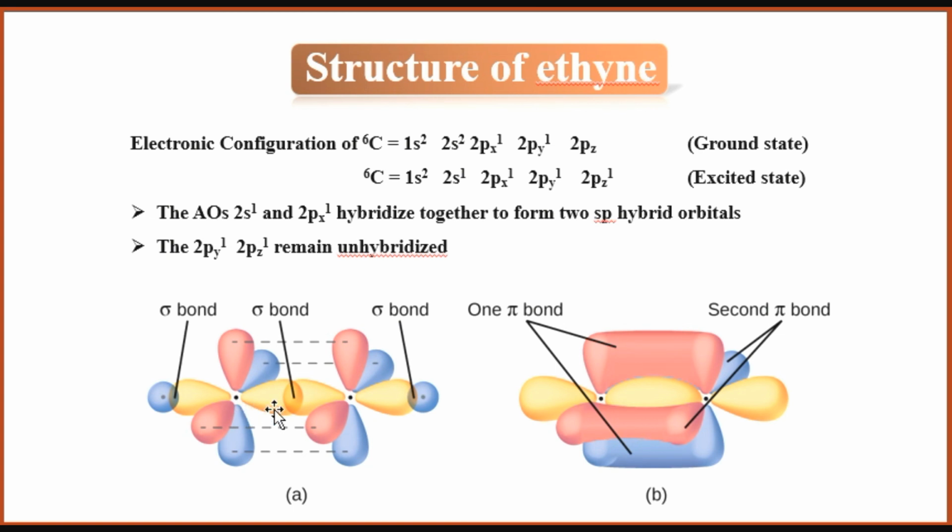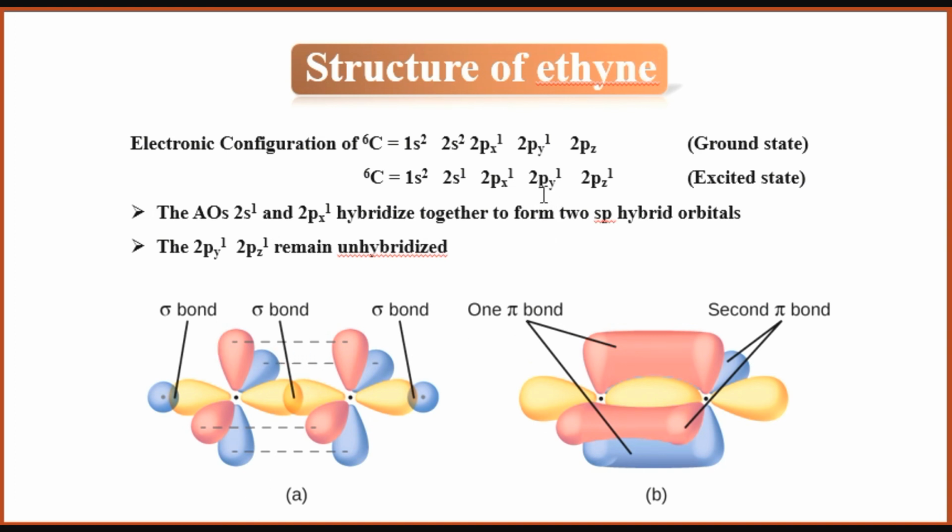And the other sp hybrid orbital of one carbon atom would overlap with the sp hybrid orbital of the other carbon atom, forming a sigma bond. So in this way, there would be a total number of 3 sigma bonds in the case of ethyne.